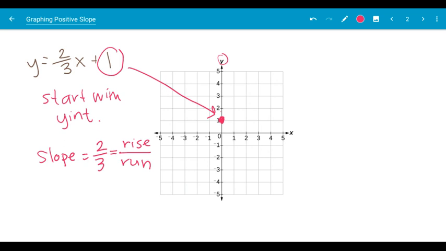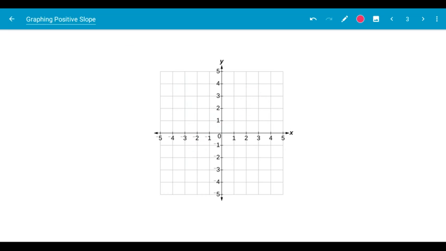So 1, 2, and go right 3. Your run is always to the right. So anytime you are going to run, always go to the right. And then you connect your 2 points, and you're done.